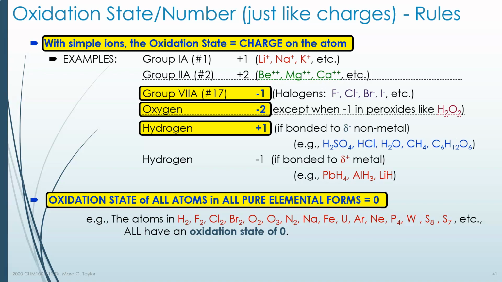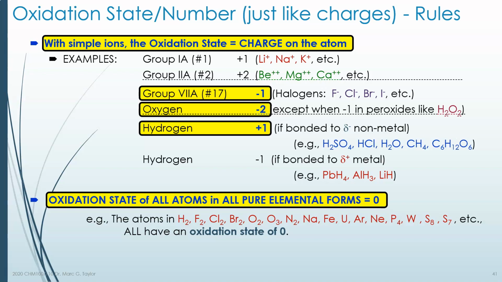So metals like sodium metal, I just told you sodium in a compound is +1, but sodium metal by itself, or iron metal, or uranium metal, the metals in the metallic form that look like metals, these are all elemental forms, and they have a 0 charge on them, and therefore a 0 oxidation state. Gases like argon and neon, these are noble gases.